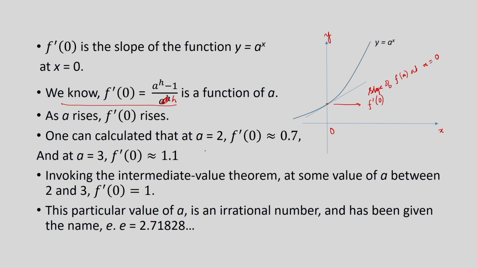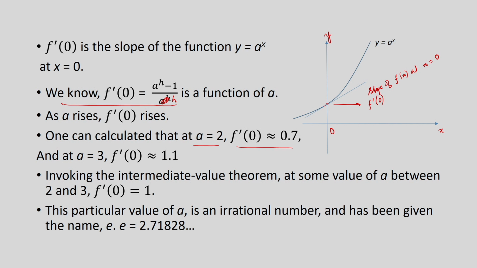So, for example, suppose small a is equal to 2, then one can calculate that f dash of 0 is not exactly equal to, but approximately equal to 0.7. That is the slope of this line.